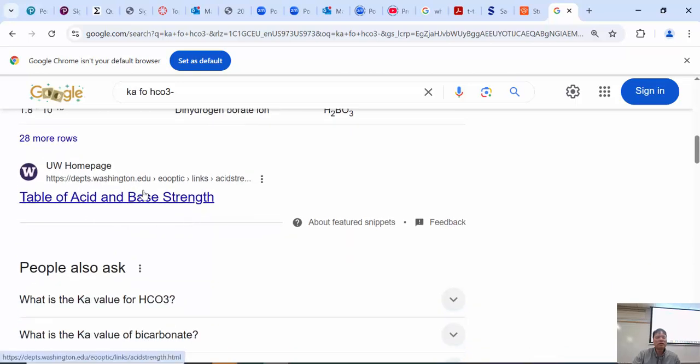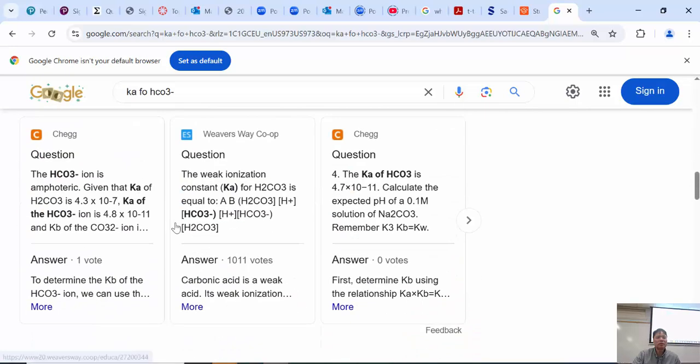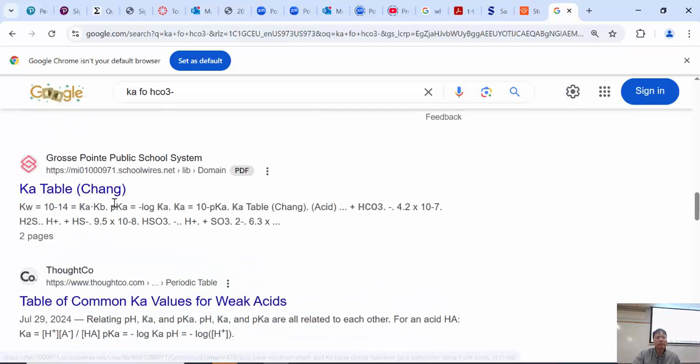University of Washington has a table of acid and base strength. It's good. This says 4.8 times 10 to the minus 11 from Chegg. This is 4.7 times 10 to the minus 11 from Chegg also. This is from, I think, Chang's textbook.